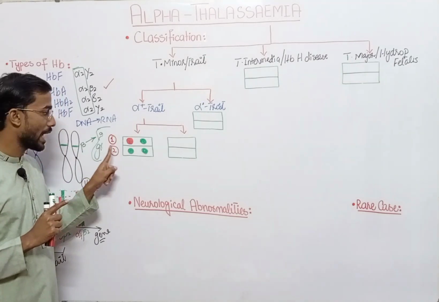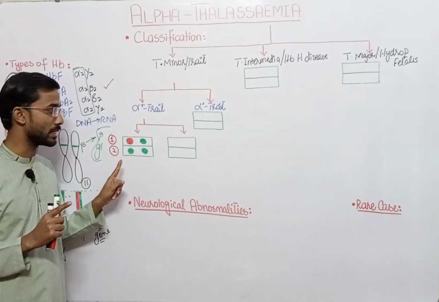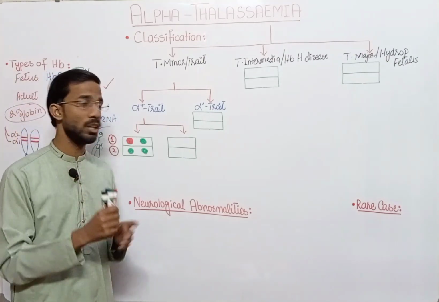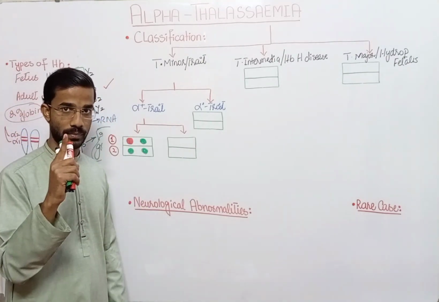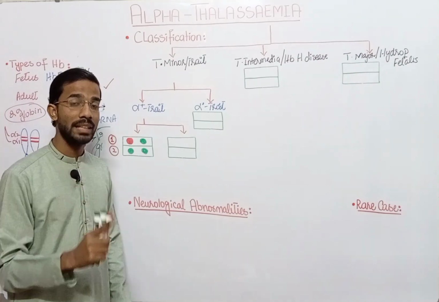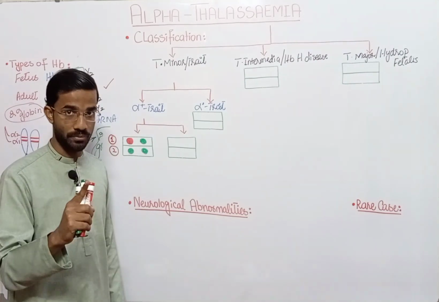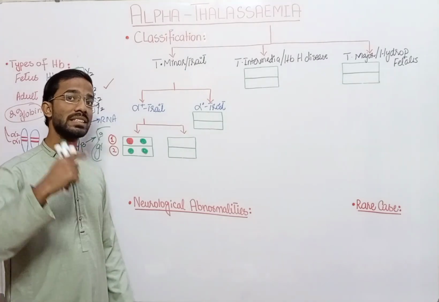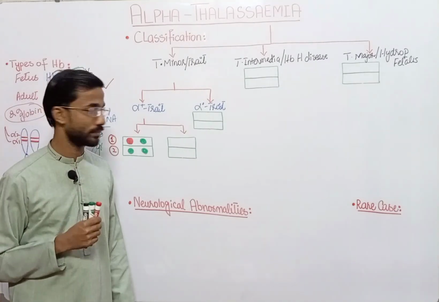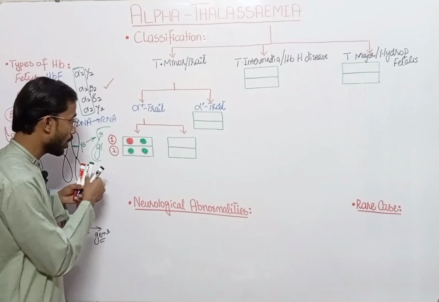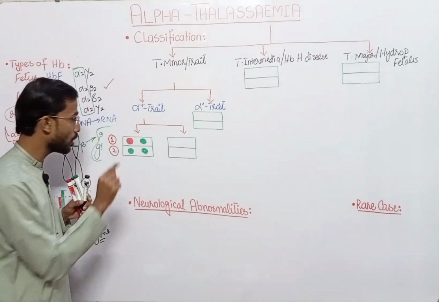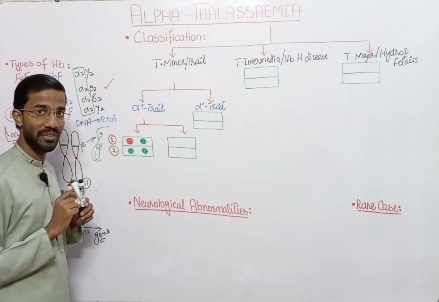Gene 2 has both normal alleles. So when there is a defect in one gene, I'm talking about one gene, then it is called alpha positive. And when both genes are defective, then it is called alpha not trait. So in that situation, only the alpha 1 gene is defective because one allele in it is defective.